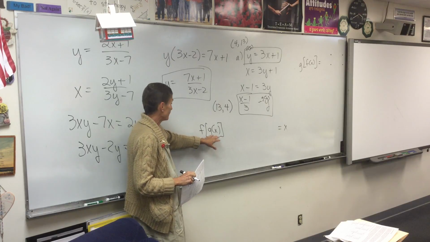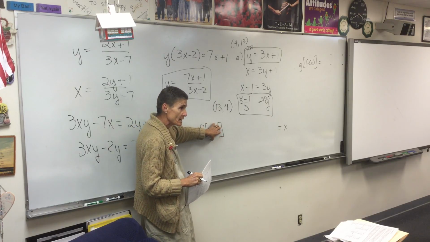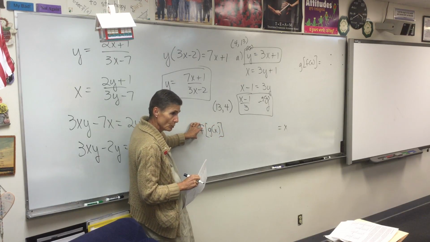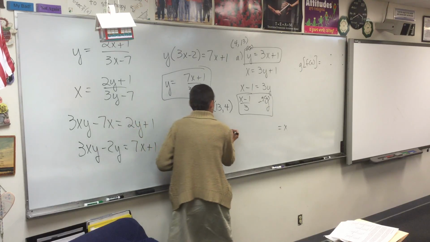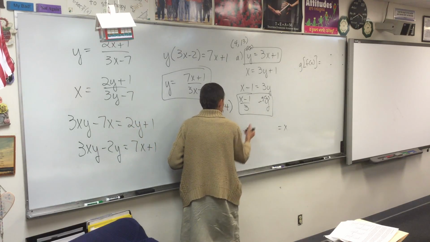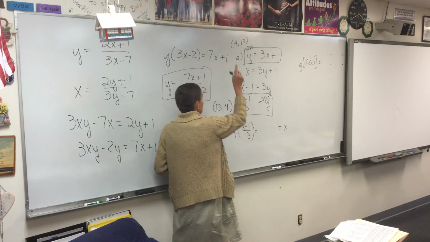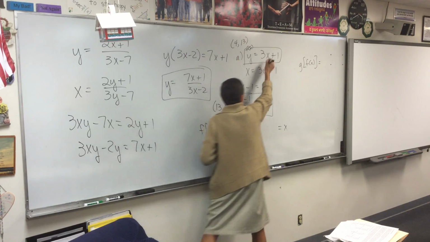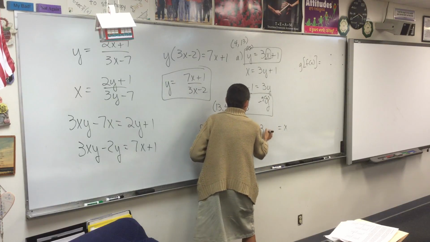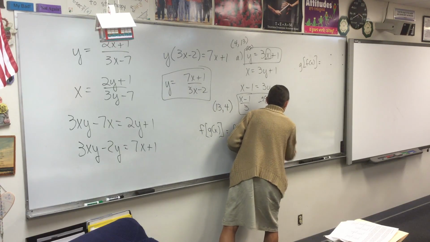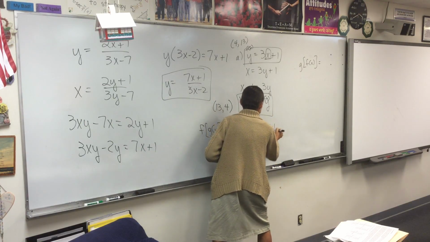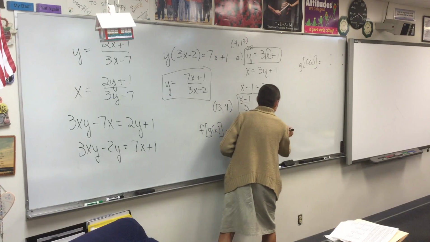What does this mean? Put g into f. So I called this one g. So I'm going to put x minus 1 over 3 into f, right here. So that'll be 3 times x minus 1 over 3 plus 1.